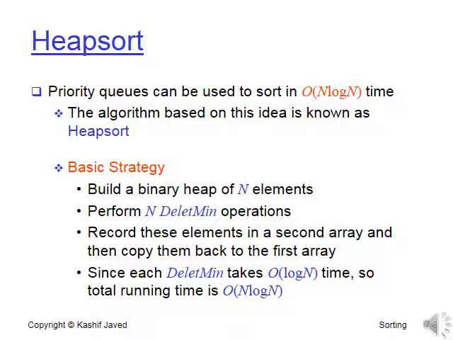Record these elements in a secondary array and then copy them back to the first array. Since each delete min takes order log n time, the total running time is order n log n. Heap sort is an in-place sorting method in that it uses no extra memory.